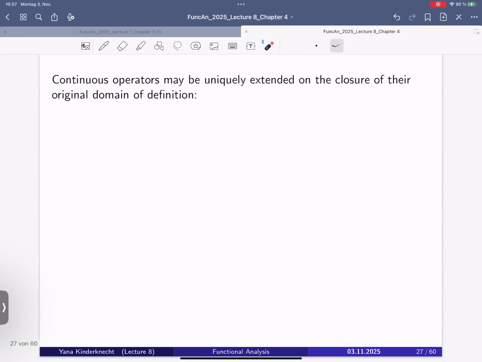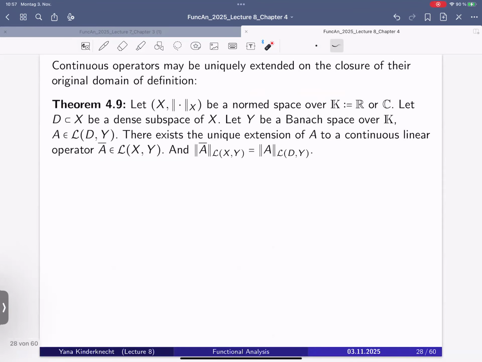And continuous operators may be uniquely extended on the closure of their original domain of definition. Namely, there is the theorem: let X be a normed space over K, let D be a dense subspace of X, let Y be a Banach space over K, and A a bounded linear operator from D into this Banach space.